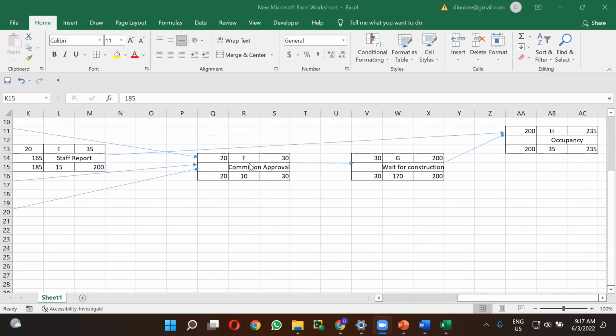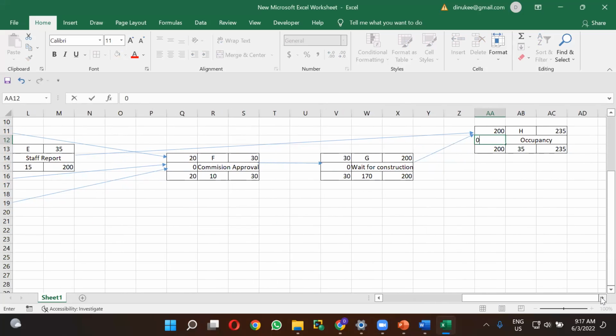Right. Thank you very much. So for the F activity, slack is 0. Right. For the G activity, very good. It is 0. 30 minus 30. And for the H activity, again 0. 200 minus 200. So now you have calculated the slack as well.